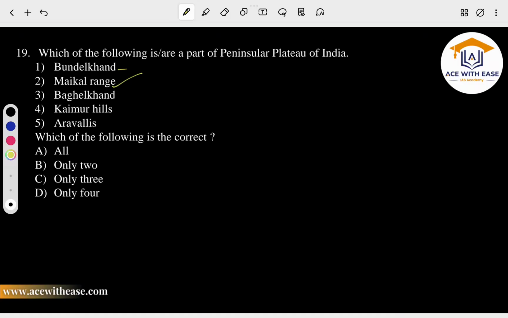Baghelkhand Plateau, in the northeastern part of Madhya Pradesh, is also a part of the Peninsular Plateau. Kaimur Hills, located at the border of UP, Bihar and Madhya Pradesh, is also correct. Aravalis are not a part of the Peninsular Plateau block. So here we have only option D, 4.